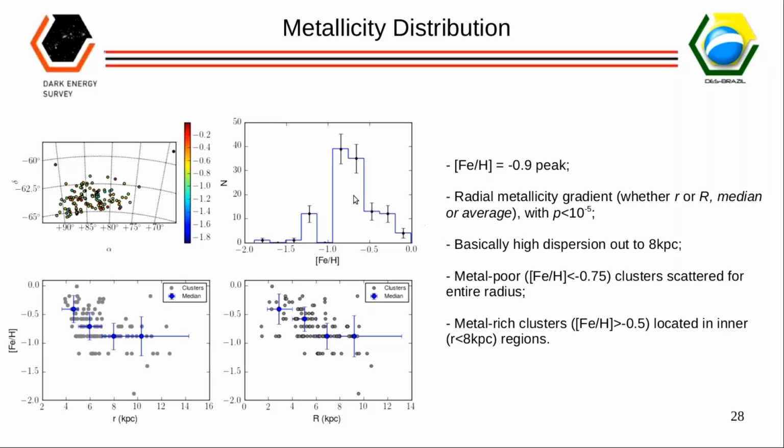We have a peak in the metallicity distribution at minus 0.9, and the hypothesis test indicates that there is a real radial metallicity gradient. The metal-poor clusters are scattered over the entire radius, and the metal-rich clusters are more concentrated in the inner regions.